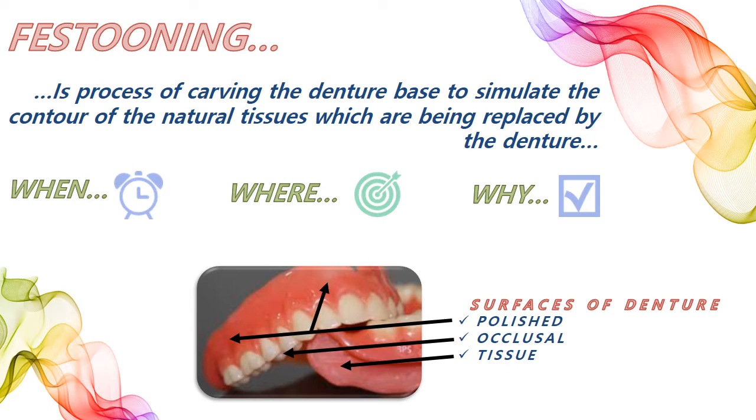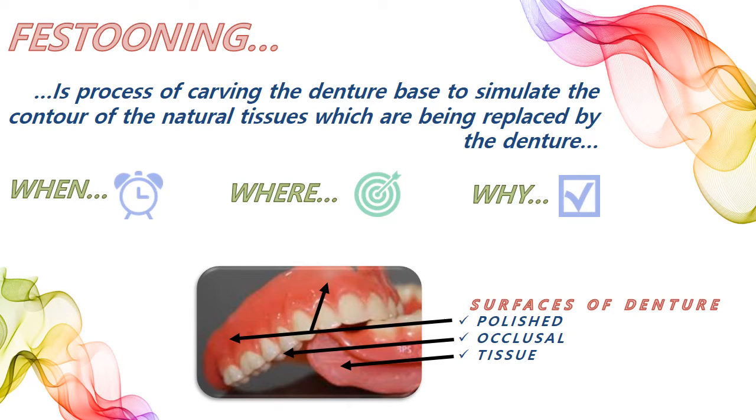Before I start explaining the clinical aspect, let me revise one small content related to this topic, that is surfaces of a complete denture. The surfaces of a complete denture can be categorized under three different aspects. The first one is the tissue surface, also called the intaglio surface, which is recorded with the help of the master impressions or the final impressions.